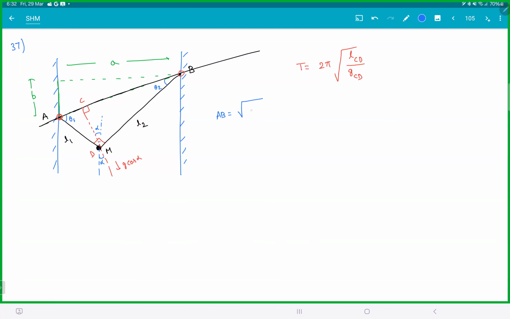AB is nothing but root over a squared plus b squared. I know all the sides of the triangle, so theta 1, theta 2, I will get. This angle will be 90 minus theta 1. So CD I can find.